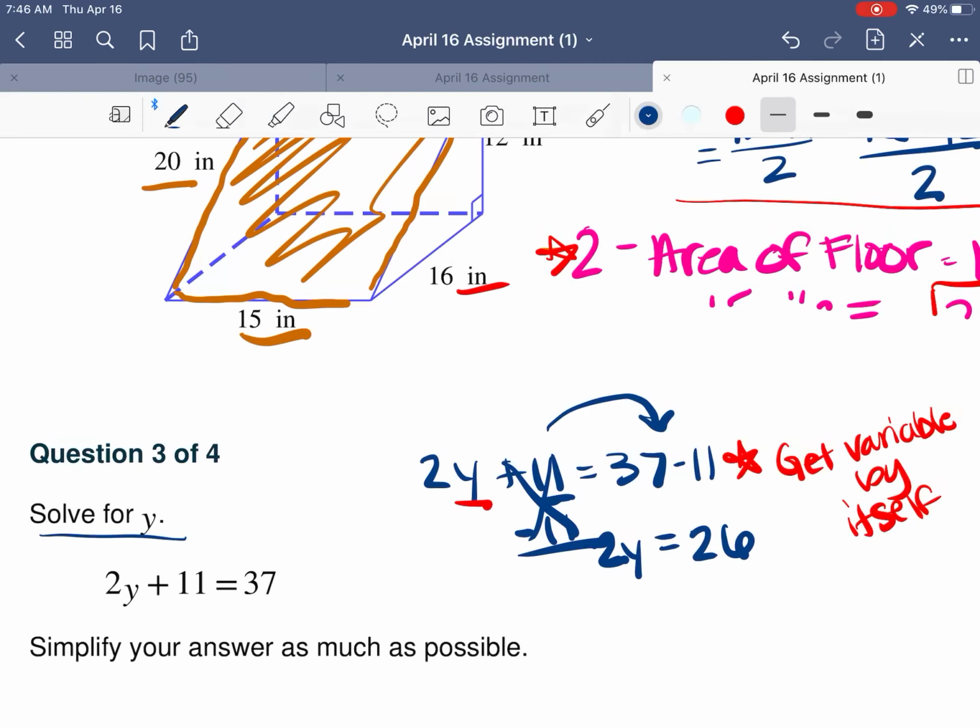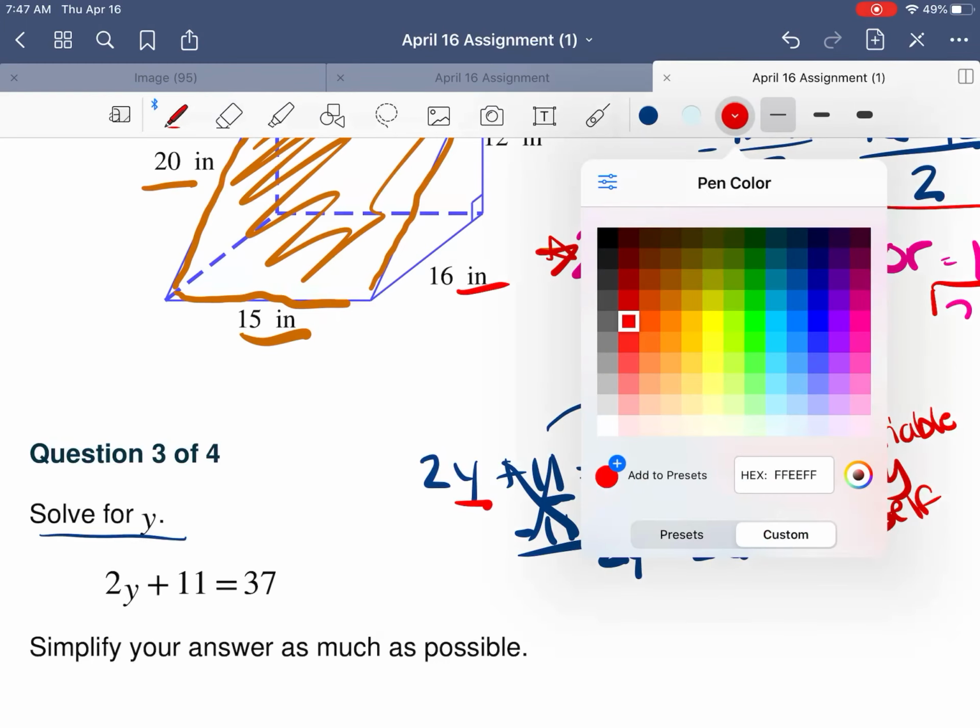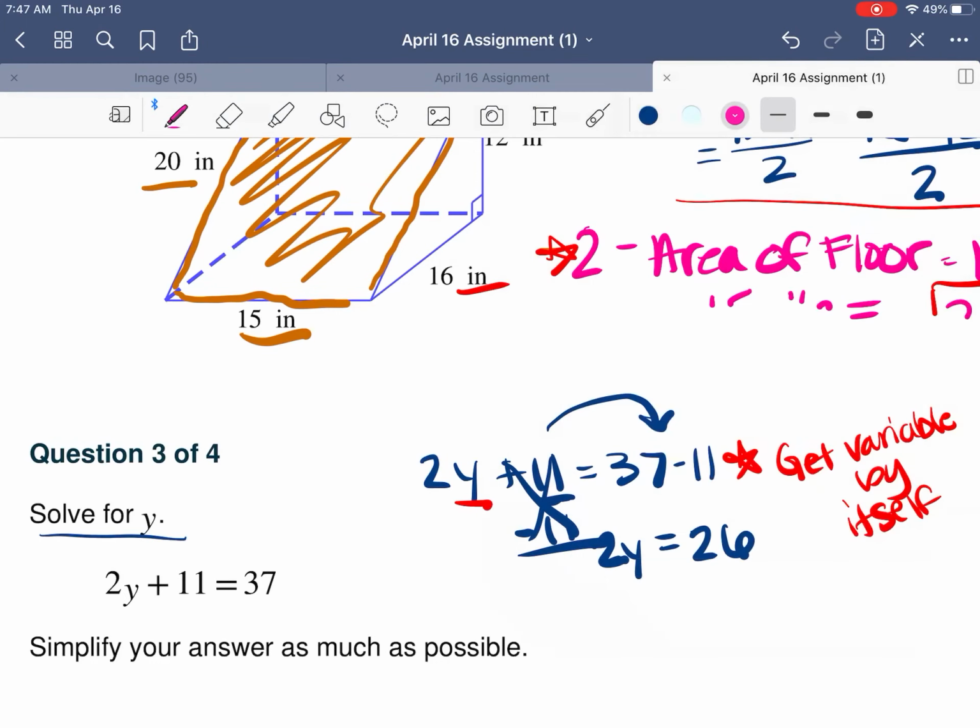Okay, so now my next step is to get rid of the 2 away from the y. Since this is multiplying right now, I'm going to divide it by 2. Dividing that by 2 gets rid of it there, and then I have 26 divided by 2, which is 13.